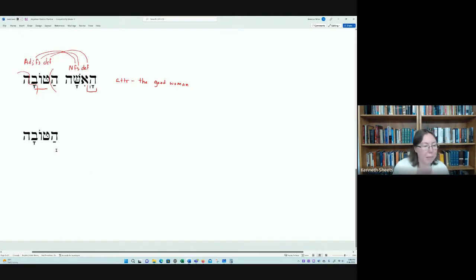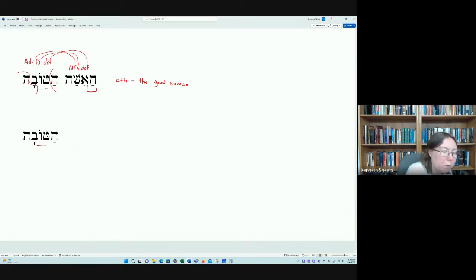this word here, hatova, which again, you can see our word tov, so I know this is the adjective. And then I have the a ending, so I know it's feminine singular, and then I have hey with the pathak followed by a dagesh forte. So it is definite. But notice there's only one word here in this example.